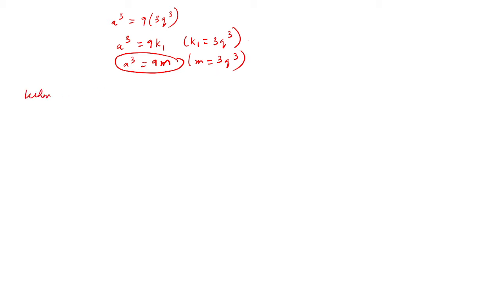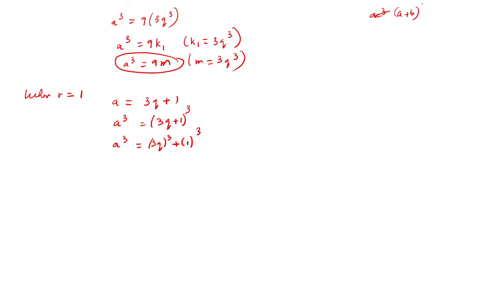Now similarly, when r is equal to 1, we'll have a as 3q plus 1. You take the cube on both sides, so you get 3q plus 1, the whole thing cubed. Now use the formula, just try to remember this: a plus b, the whole thing cubed, is equal to a cube plus b cube plus 3a square b plus 3ab square.